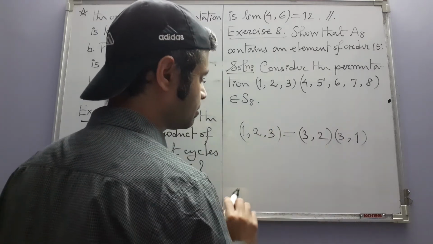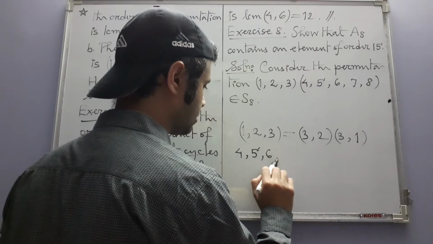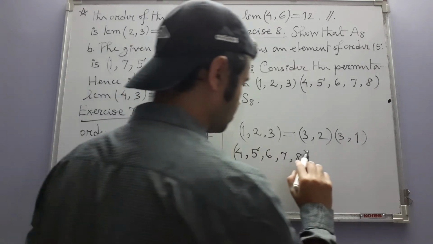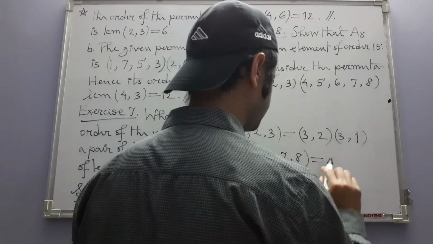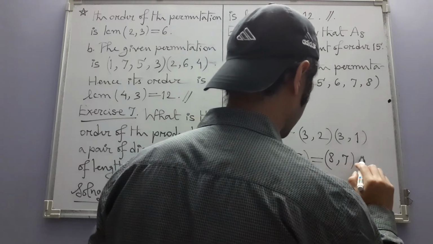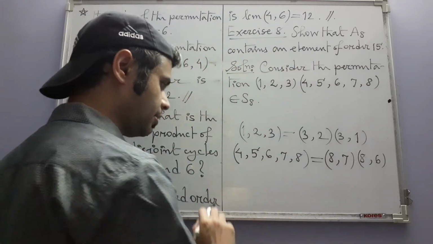What about this one? This is also going to be an even cycle. 8 7, 8 6, 8 5, 8 4.